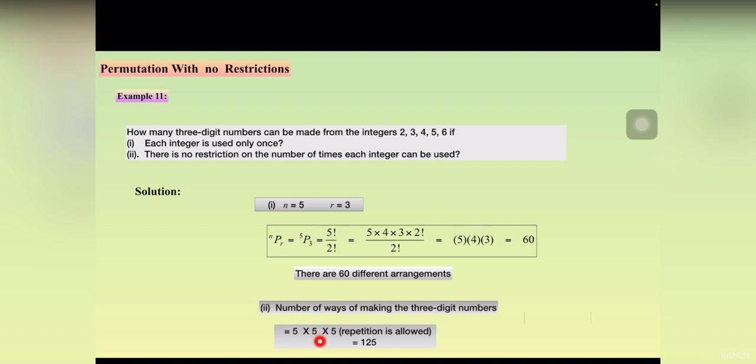On the second digit we still have 5 choices, after taking one out and putting it back because repetition is allowed, and then we take the third digit. So altogether we have 5 times 5 times 5, which is 125 ways.